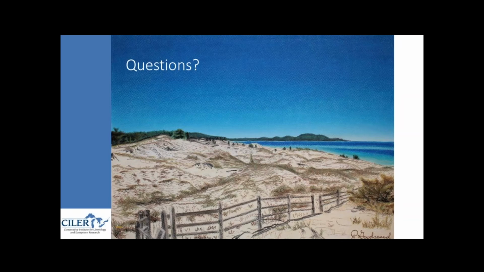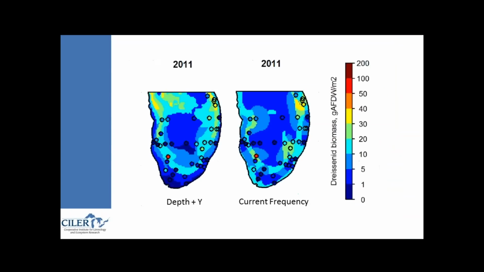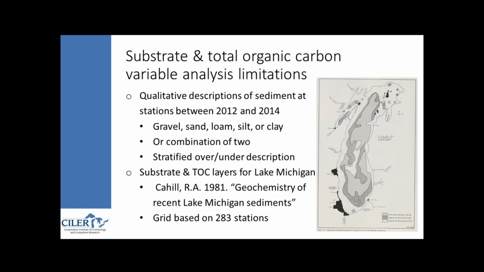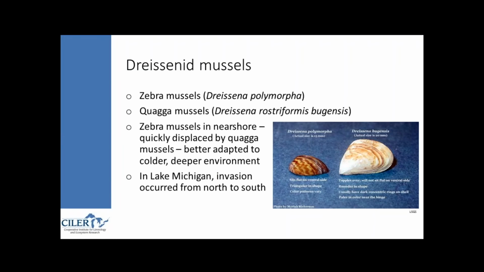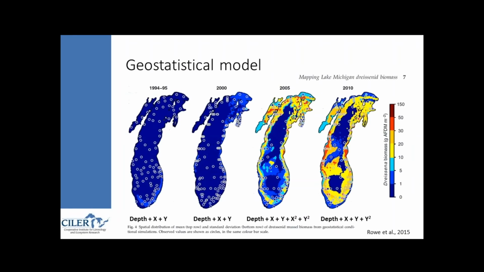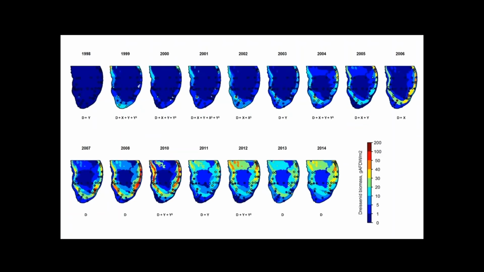Any time for questions? In the first several slides, you mentioned there is a comparison over the years, and you said that there is one peak of the quagga mussel and several peaks of the zebra mussels. How can you tell? So when I did this analysis, I did it for biomass of both mussels.